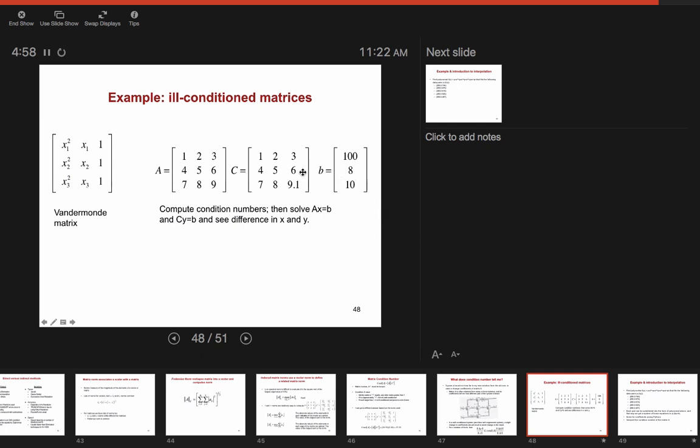So I'm going to call this Lecture 6, Spring 2019, condition number. So my A, import numpy as np. My A is np.array, 1, 2, 3, 4, 5, 6, and 7, 8, 9.